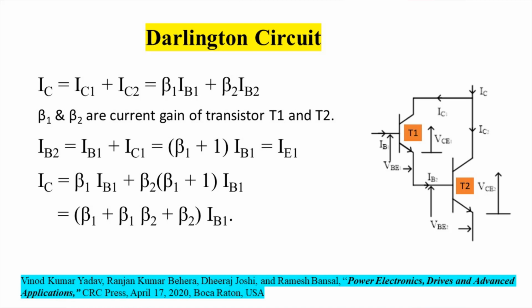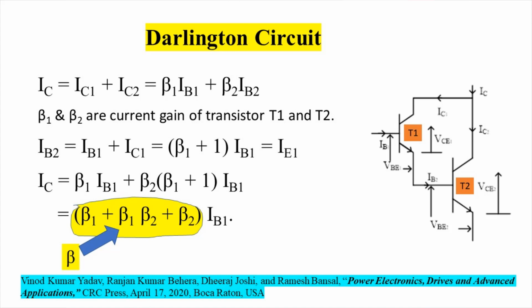Now IC is nothing but IC1 plus IC2. So IC is equal to IC1 plus IC2, so IC1 is beta 1 into IB1 plus IC2, and this current gain can be utilized here for the driver circuit of these transistors.